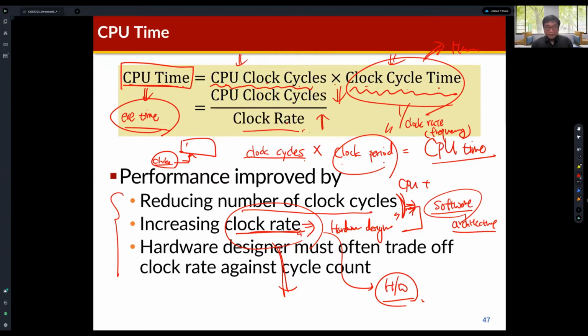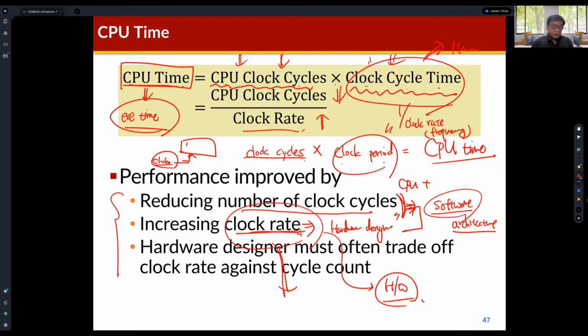I explained that. The number of clock cycles is normally influenced by software. These CPU clock cycles can also be influenced by hardware or architecture, but I said normally. So usually, CPU clock cycles are influenced by the software part. And how about this clock period?